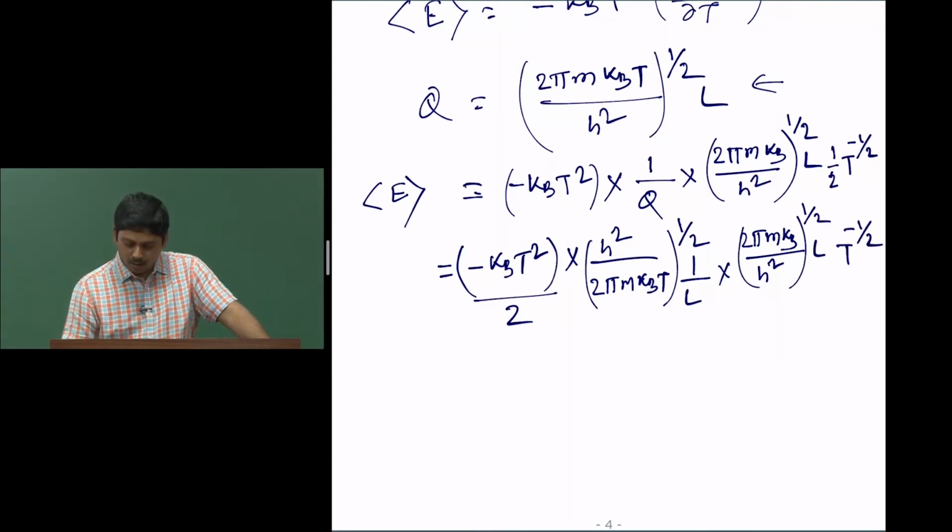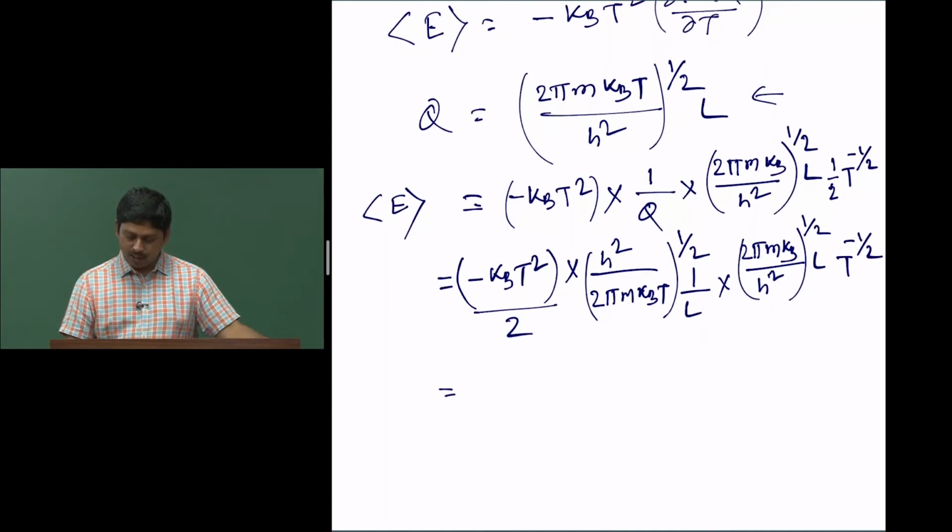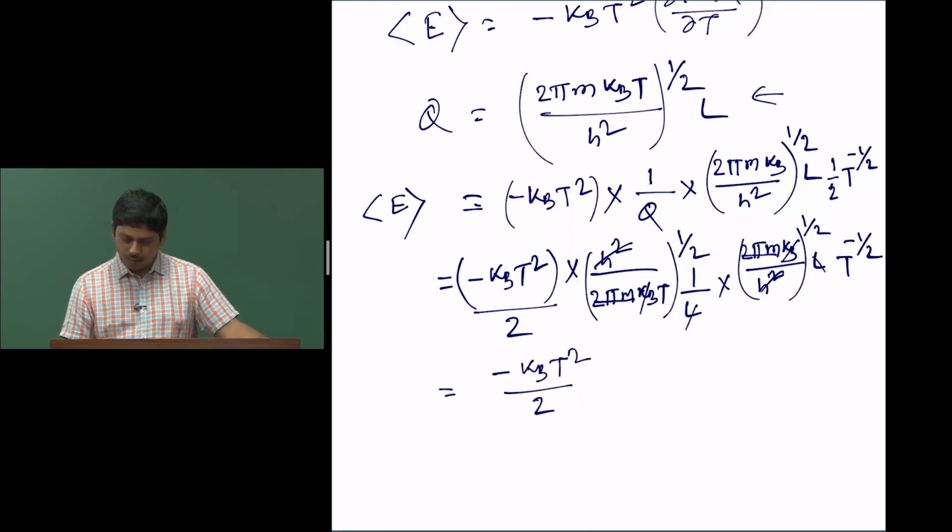Now, let us see what is going to cancel. h square is going to cancel, 2 pi m is going to cancel, k_B also cancels, L is going to cancel, giving us minus k_B T square by 2.